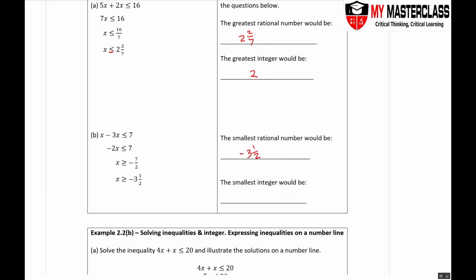Because it's more than or equal to minus 3.5, if you remember on your number line, minus 4, minus 3, this is minus 3.5. If I'm more than or equal to this, the smallest integer I will have will be minus 3.